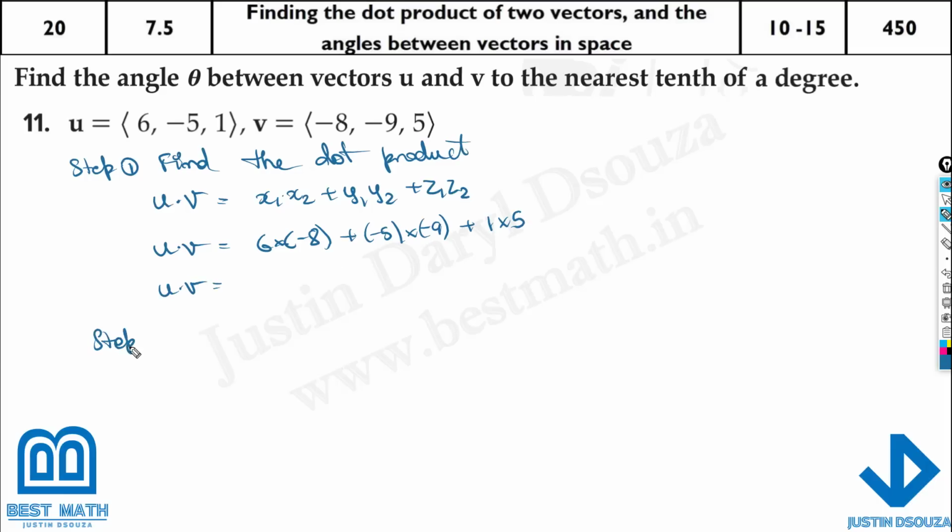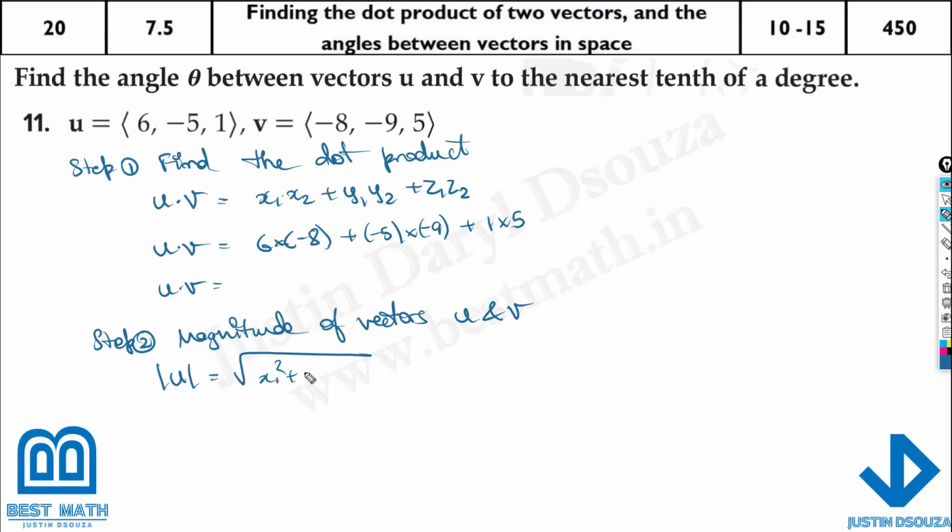Next, step 2 is magnitudes. Magnitude of vector u and v. So magnitude of u is given as square root x1 squared plus y1 squared plus z1 squared.